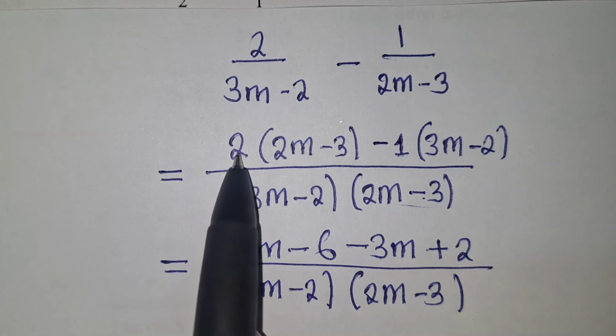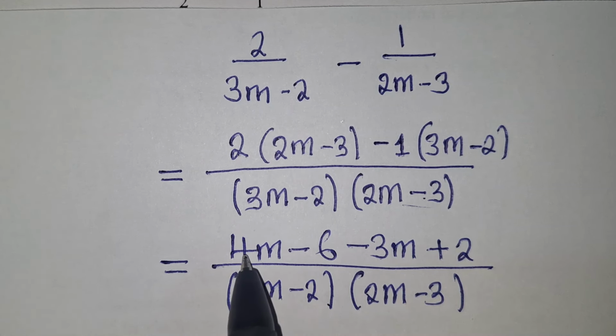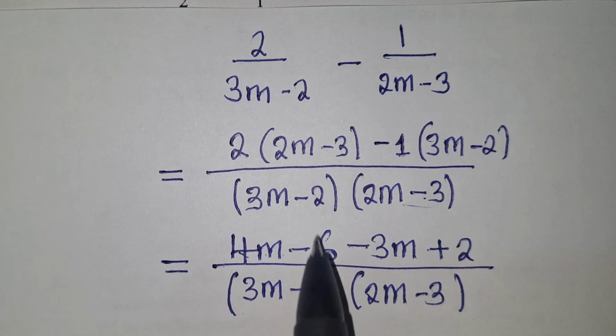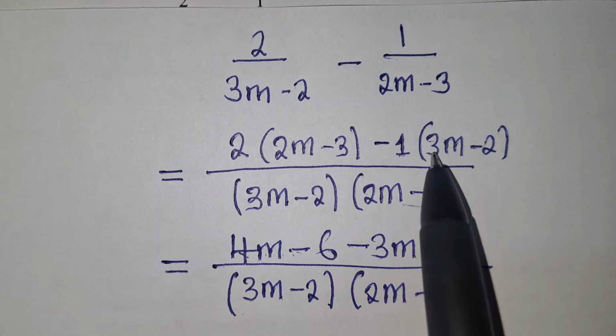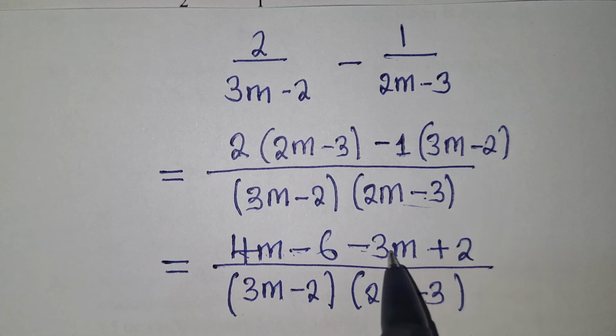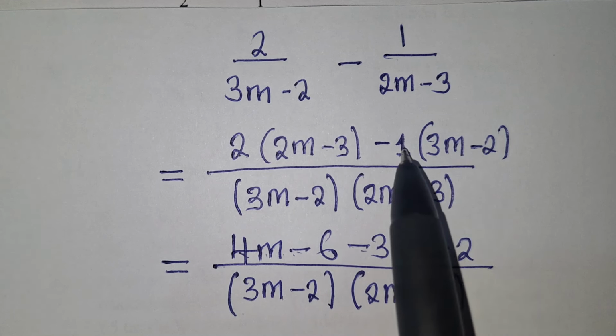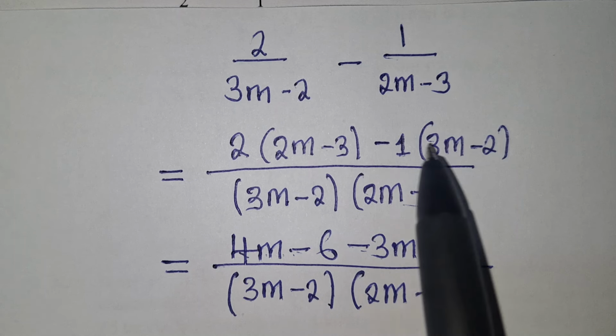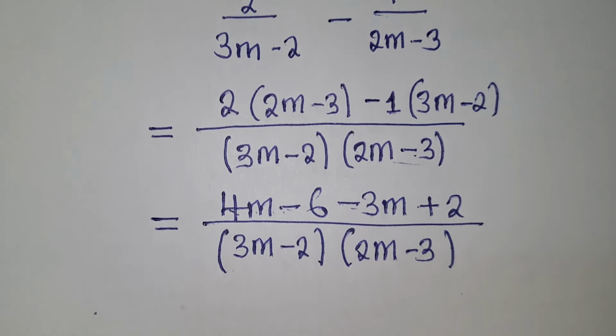So you multiply 2 by 2m, it's giving us 4m. 2 by -3, it's -6. -1 by 3m, it's -3m. -1 by -2, it's +2. Negative and negative will give us a positive.